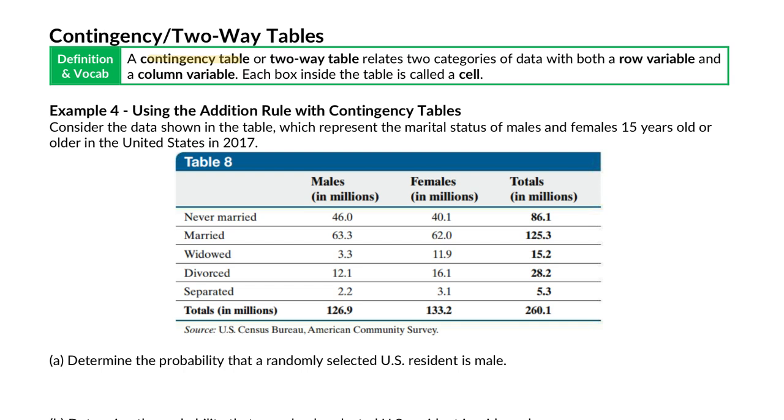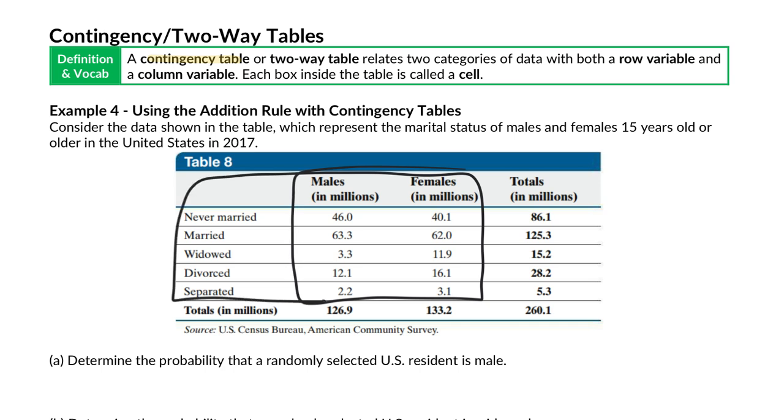So really, and don't do this on yours because you're going to be annoyed, this is actually the table of information. We have columns for males and females, and we have rows that represent their marital status. The last row and column is a total of that row or column.